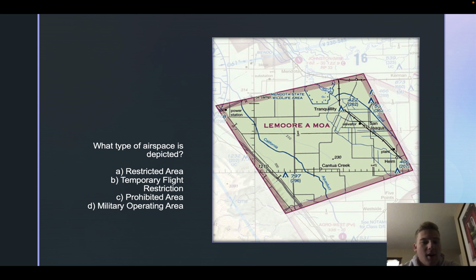And then over here, we've got a hashed magenta kind of box. Is that a restricted area, temporary flight restriction, prohibited area, or a military operating area?